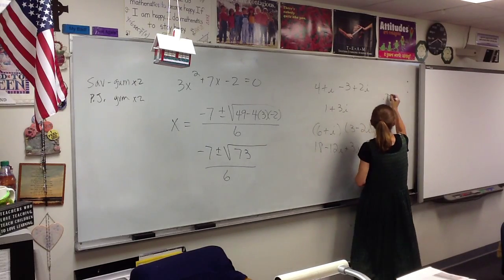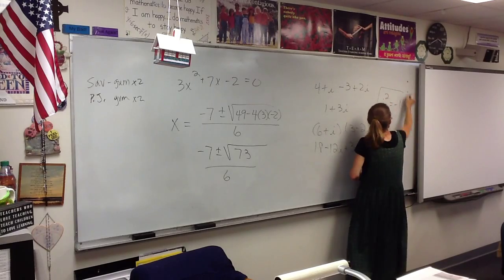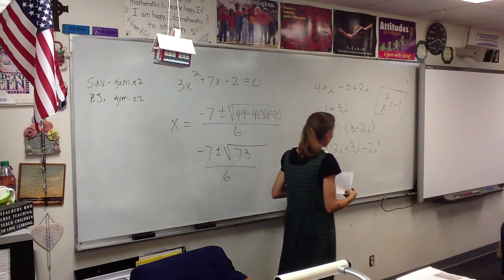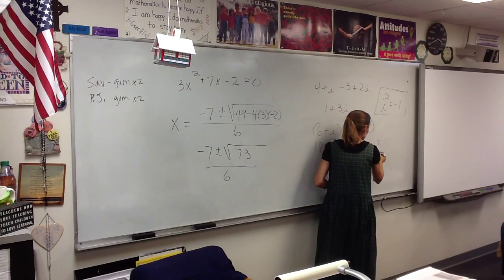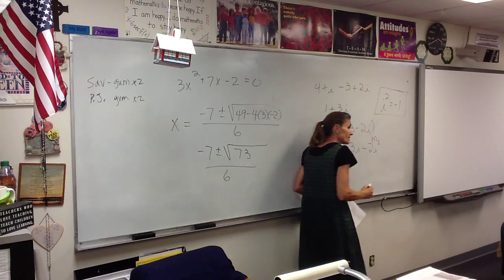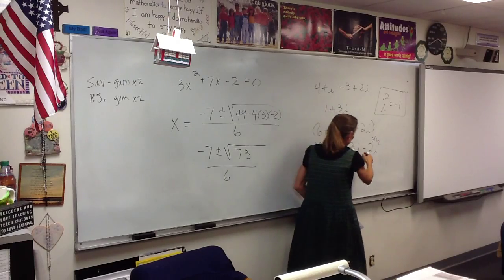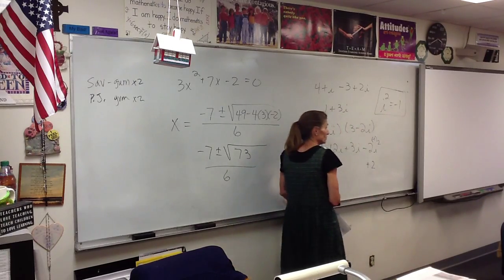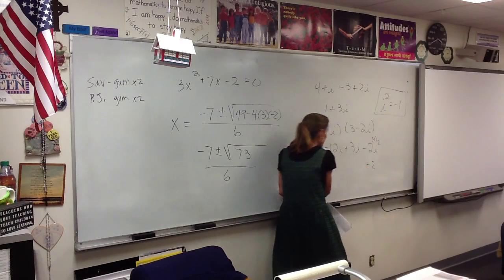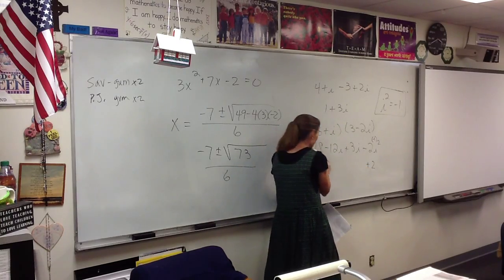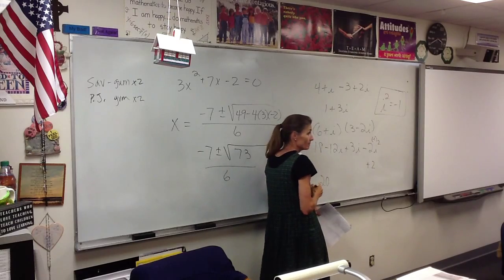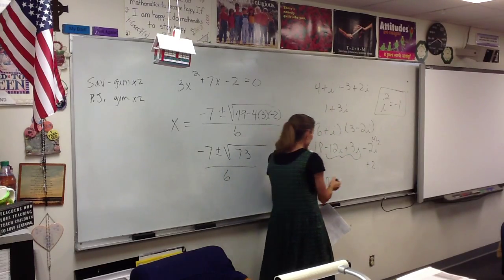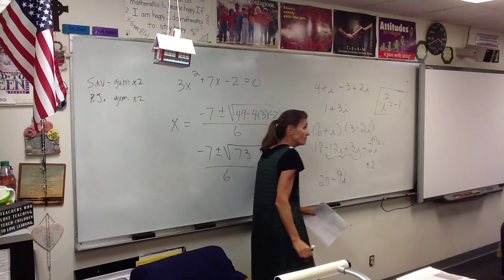That needs to be starred. i squared is negative 1. So every time you see an i squared, you're going to think of it as negative 1. So what do we really have here? Plus 2, which combines with the 18 and gives you a 20. These two combine and give you a minus 9i.